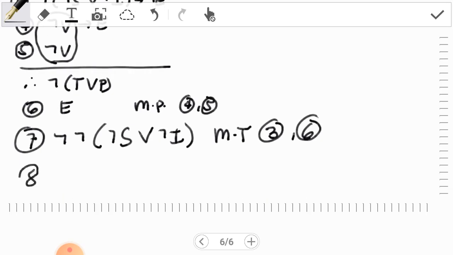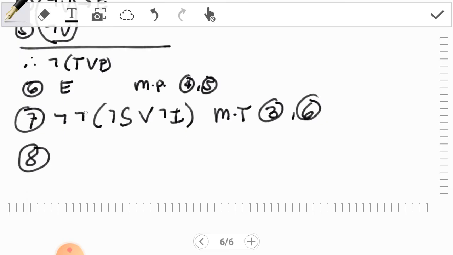Then, after using modus tollens, let's just use double negation. The not of not S or not I, this will simply be equivalent to not S or not I. Double negation, we just simplified the double negation of line number 7.